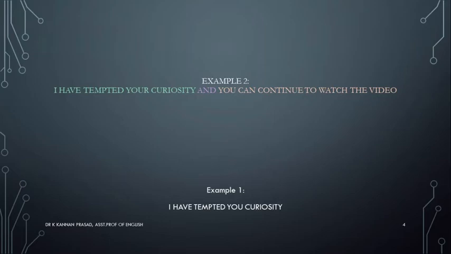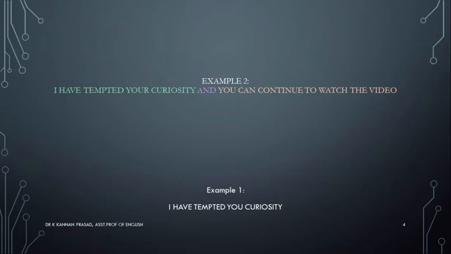I have tempted your curiosity and you can continue to watch the video. Now you could clearly see the point. A clause is part of a sentence. Both the examples here are a sentence, but the second example has two clauses and when put together they form a single sentence.